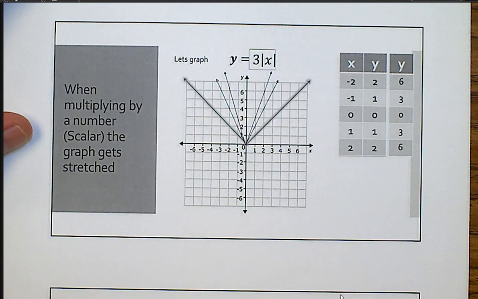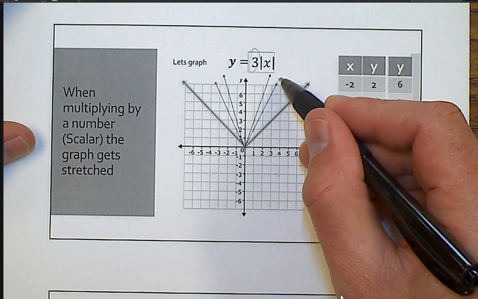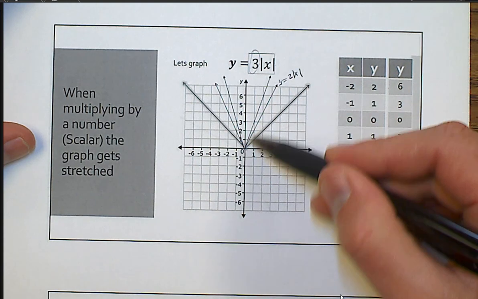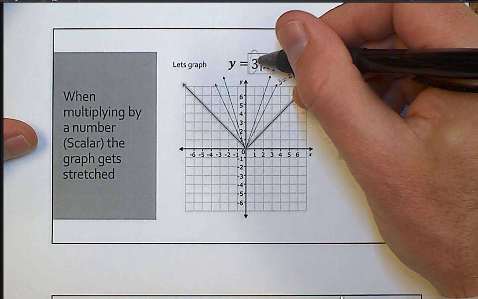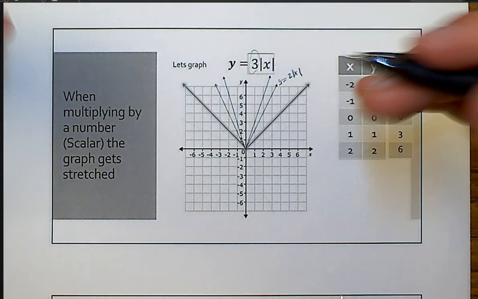You can see how when there's a 3 in front compared to the 2, in y equals 2 times absolute value of x, it's more narrow because this number is larger than 2. So the larger this number gets, the more narrow, or what we call stretched, the graph will become.